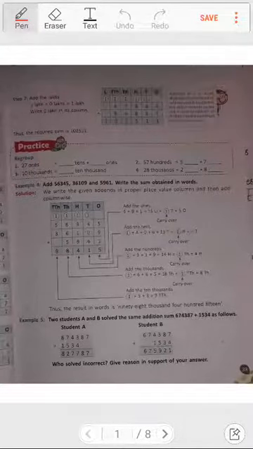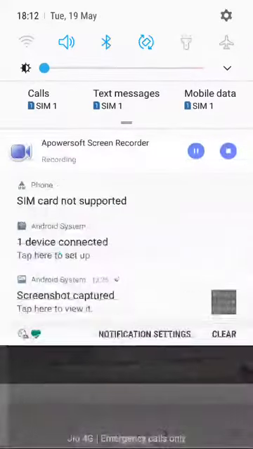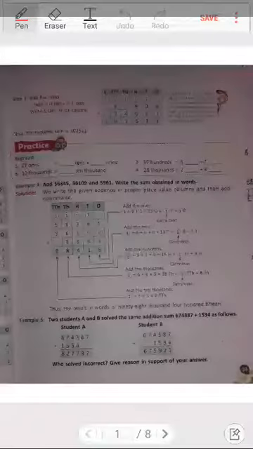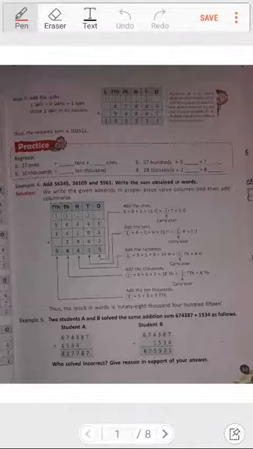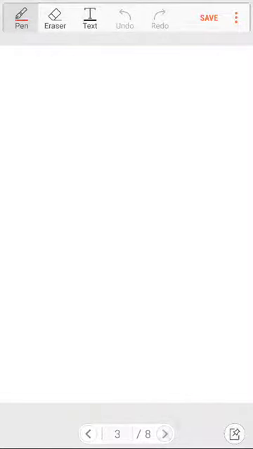Students, as you can see, last time I had explained all these things. I had explained this practice question, and I had said that I will be sending you the solution of the practice question also in the next PDF.